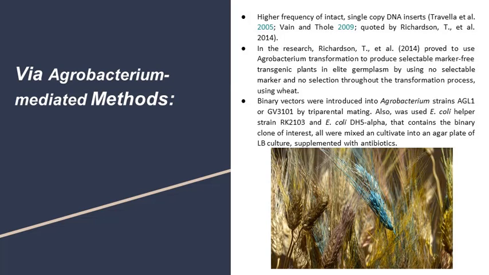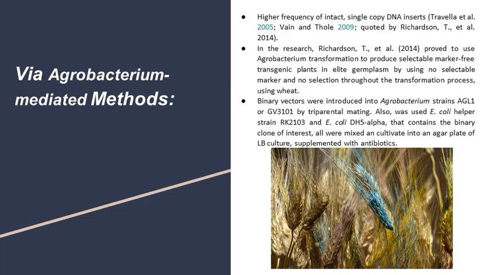They grew wheat cultivars under glasshouse conditions, and the wheat heads were collected at anthesis and harvested 12 to 14 days post-anthesis for transformation. At the same time, binary vectors were introduced into agrobacterium strains AGL1 or GV3101 by triparental mating.